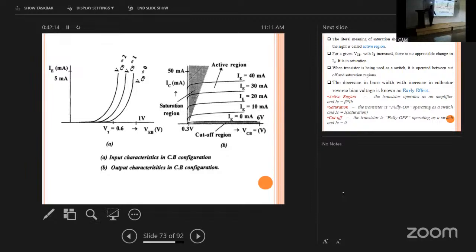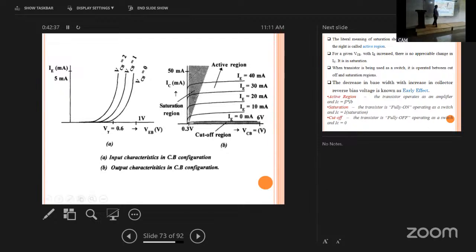If we draw the curve between input voltage and input current, it becomes the input characteristics. If we draw the curve between output voltage and output current, the collector-base voltage and collector current, it is the output characteristics.